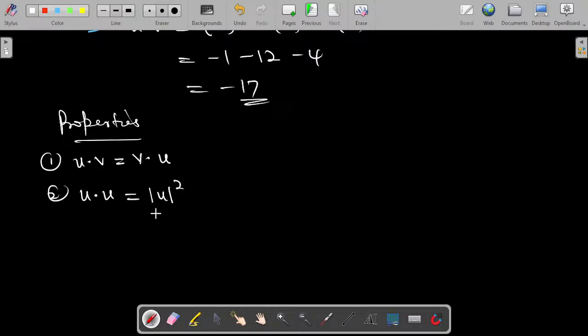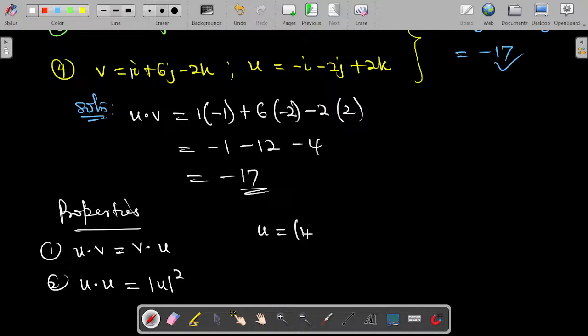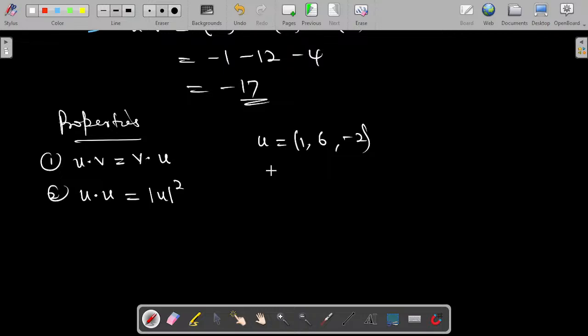So if you are given a vector u equal to, let's say this one I have here, 1, 6 and minus 2. This second property is saying that if you take the dot product of u on itself, that is equal to the magnitude of u raised to power 2.